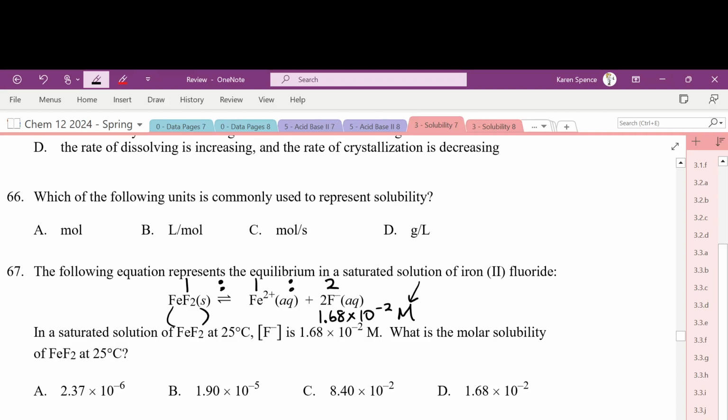Yes? So this is 2x, this is x, and this is x. So x is equal to 1.68 times 10 to the minus 2 divided by 2. So that would be 8.4 times 10 to the minus 3.